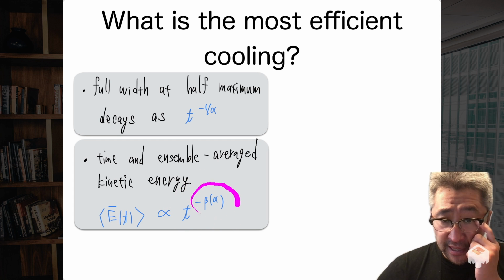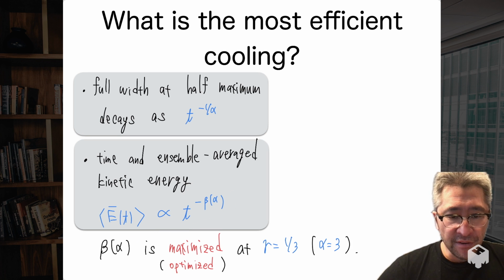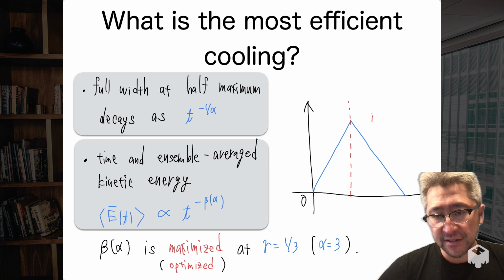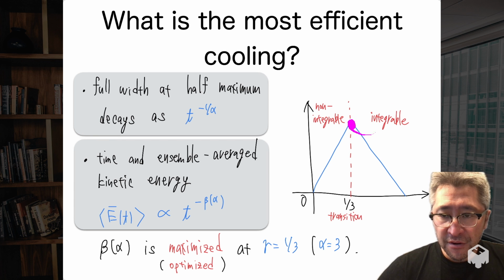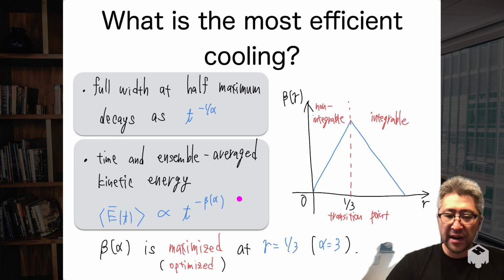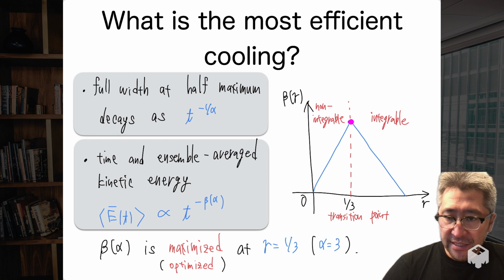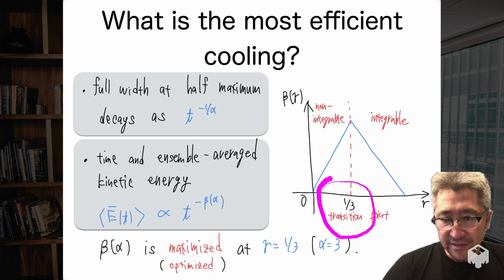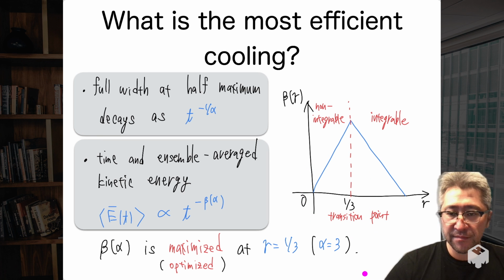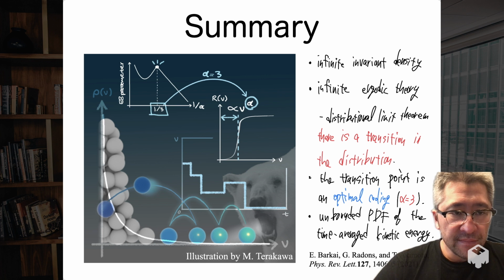This exponent depends on alpha, and this exponent is maximal at gamma equals 1/3, like this. A larger exponent means faster relaxation. So we suggest this is efficient cooling. Actually this transition point is very useful to cool atoms. So this is the summary of my talk.